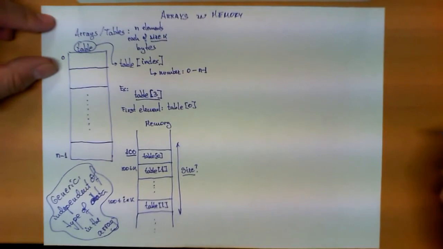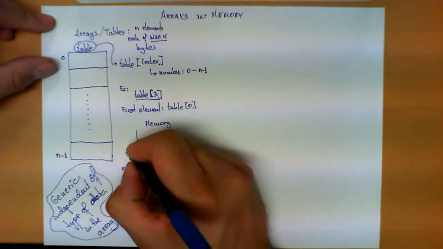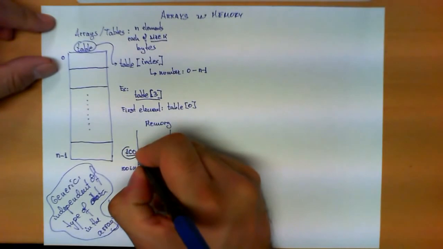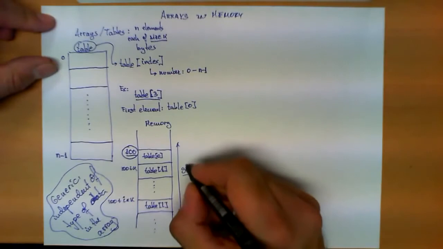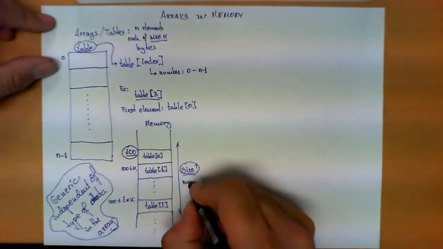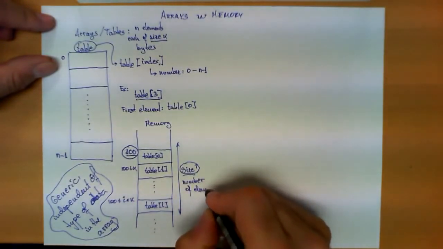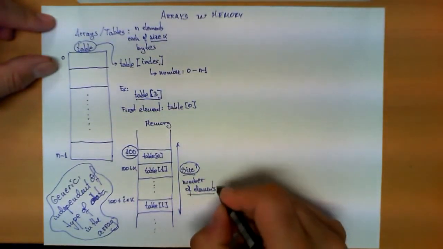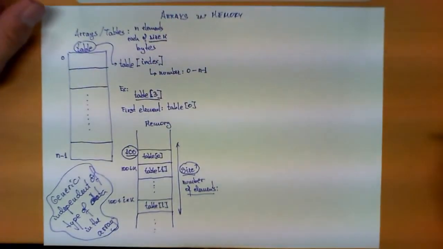So typically what happens when you manipulate arrays in memory, you need to know two parameters. The first one is the address in which it is stored. Second one is the size, or number of elements. And of course, you also have to know the size k of each of the elements.